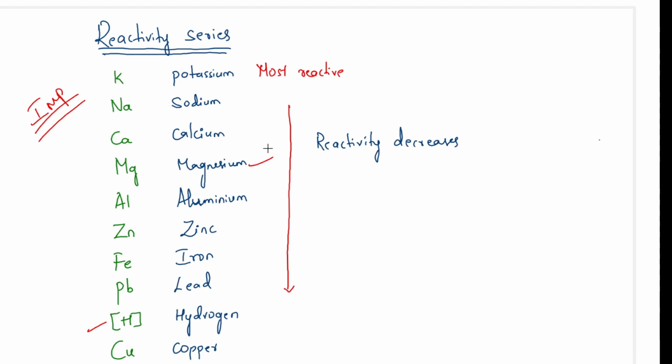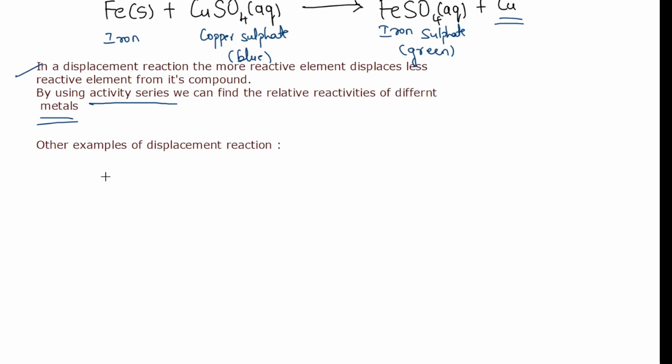Let us see few more examples for displacement reaction here. For example, zinc reacts with copper sulfate solution to form zinc sulfate plus copper.